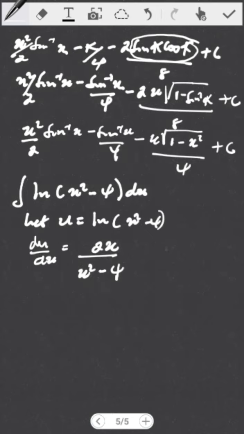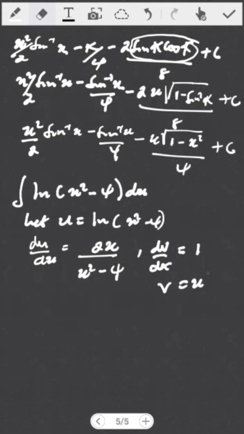And if dv/dx is equal to 1, then v would be x, not x squared.